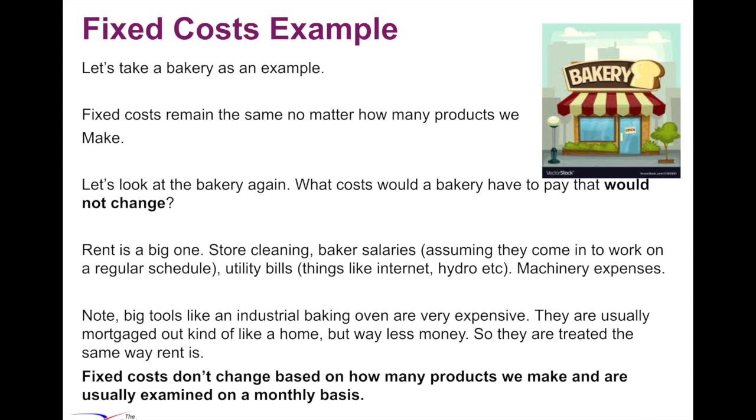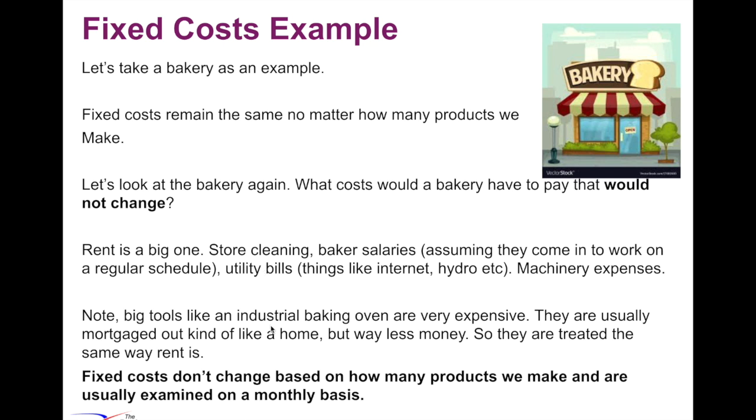If you're using a wood burning oven, then your utility bill would be a fixed cost because your hydro probably isn't going to change that much. If, however, you're using an electric oven, then your hydro, which is electricity, might change a lot depending on how much stuff you bake. So all to say, you just need to keep in mind what you have to use in order to produce whatever products you're making. And so this needs to be given some active thought.